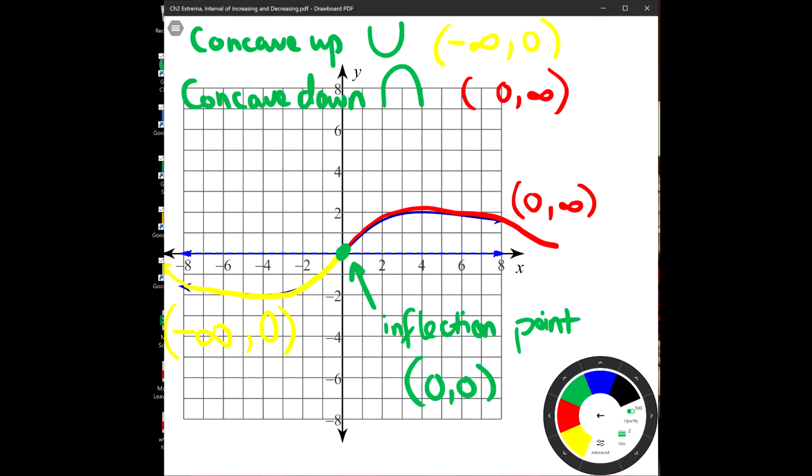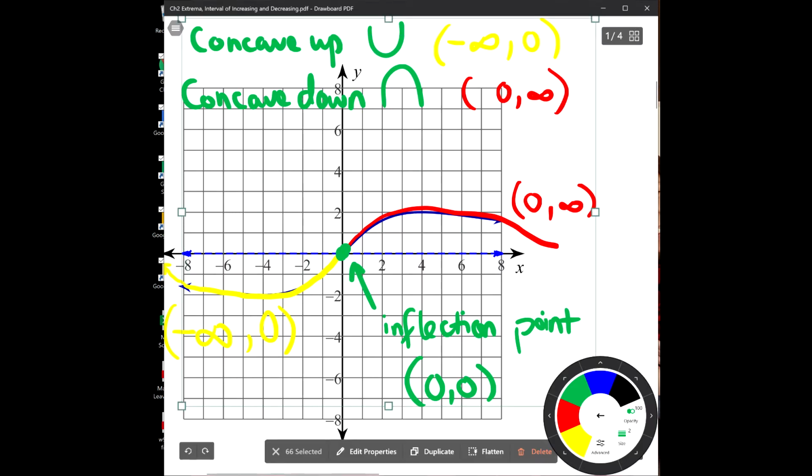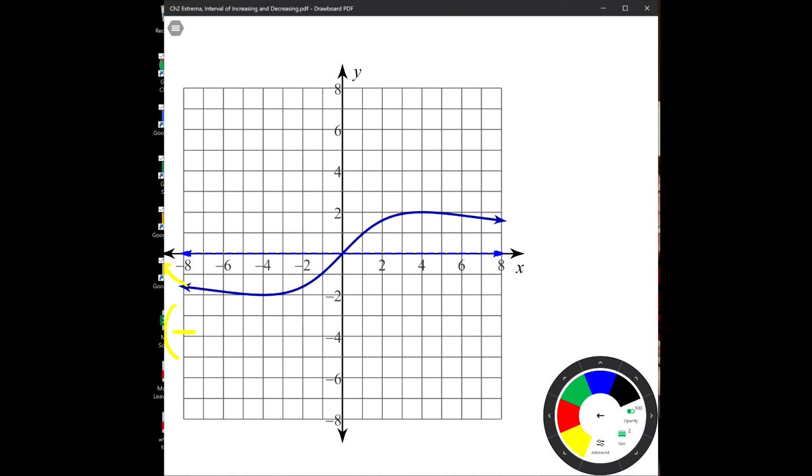Okay, next we talk about relative max or relative min. Alright, so first of all, we need to look at our graph, and we know this keeps extending, but it never crosses 0, so it goes like this.